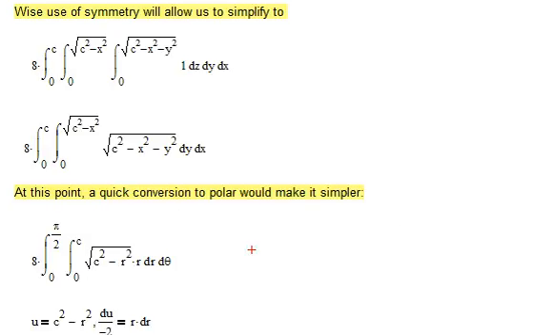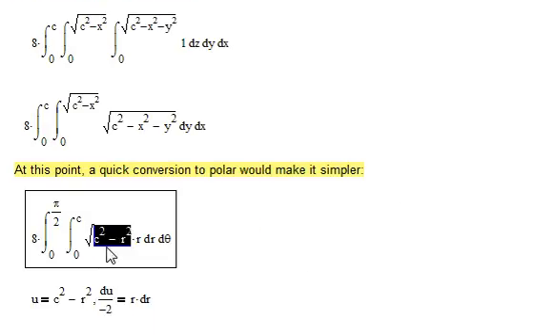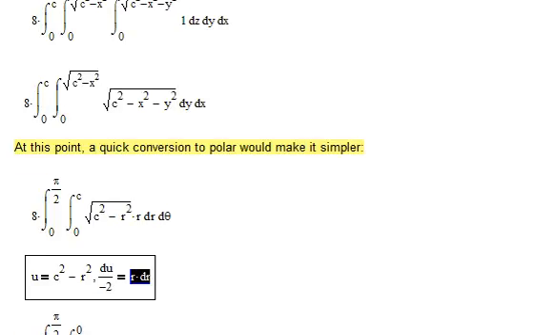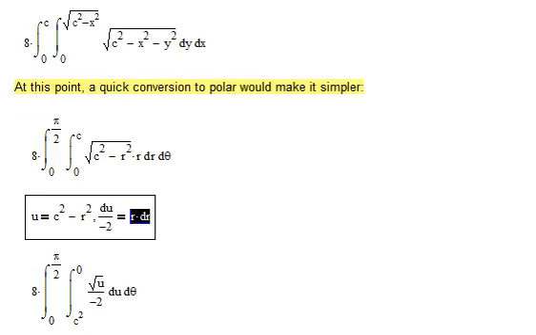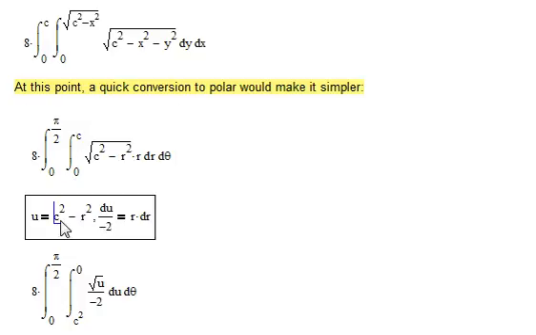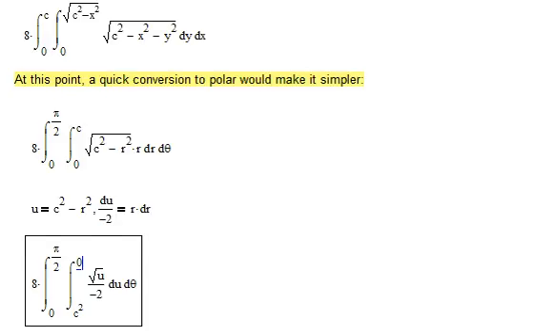So this is doable, because if you let u be c squared minus r squared, then du over negative 2 equals r dr. So therefore we wind up with 8, and our limits of integration. Now since we made a change here, r was going from 0 to c, so if r was 0, our u limit would be c squared, and if r was c, then our upper limit would be 0.